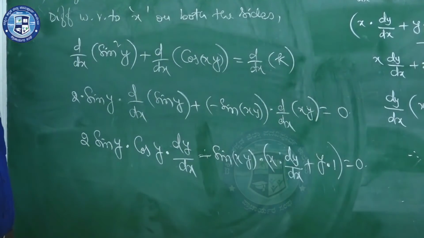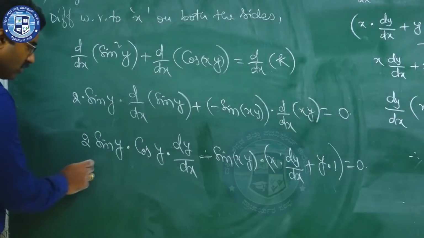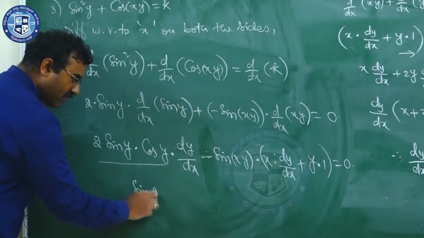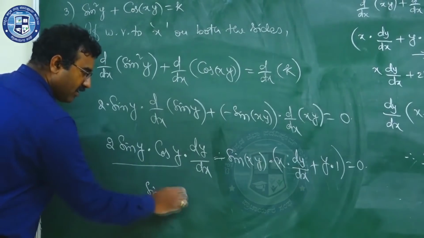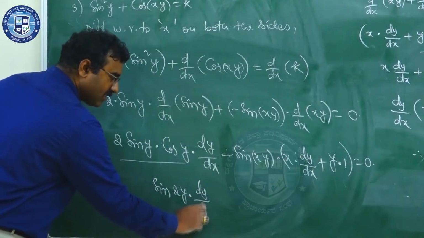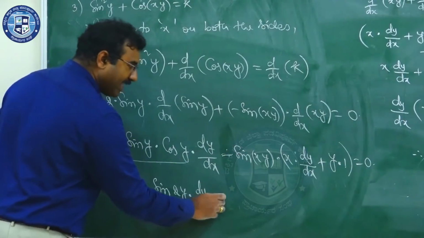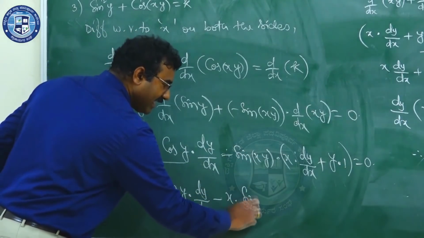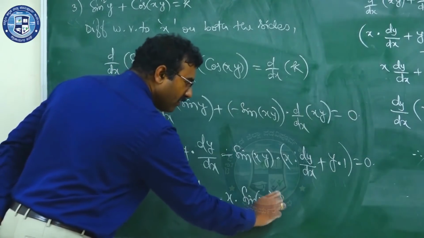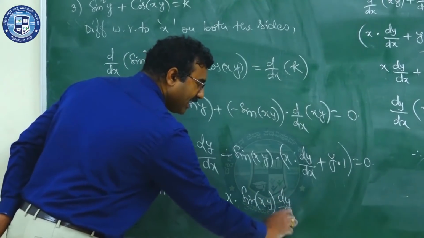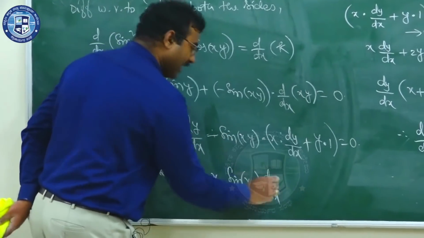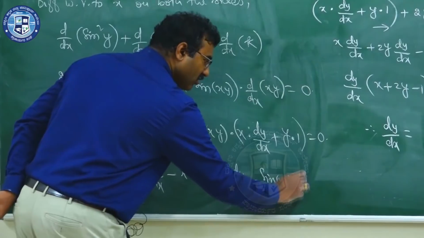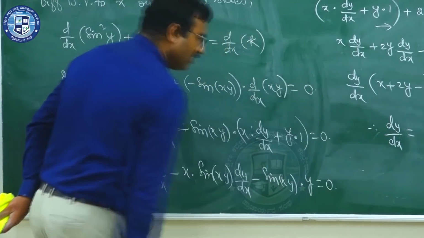Now you separate the dy by dx terms. So 2 sin y cos y, we know the formula from trigonometry, it is sin 2y, into dy by dx, here minus, multiply this x into sin xy dy by dx, this minus sin xy into y is equal to 0.